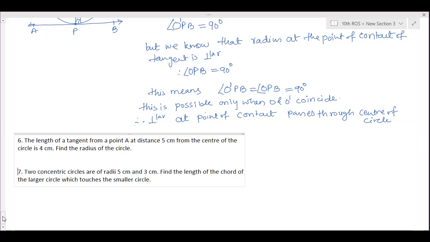Ma'am, is it 8? Yes, right. It is 8 centimeter.